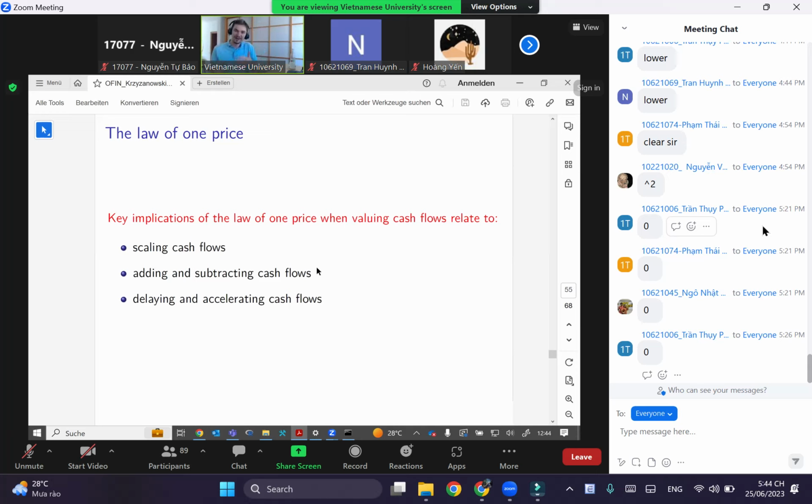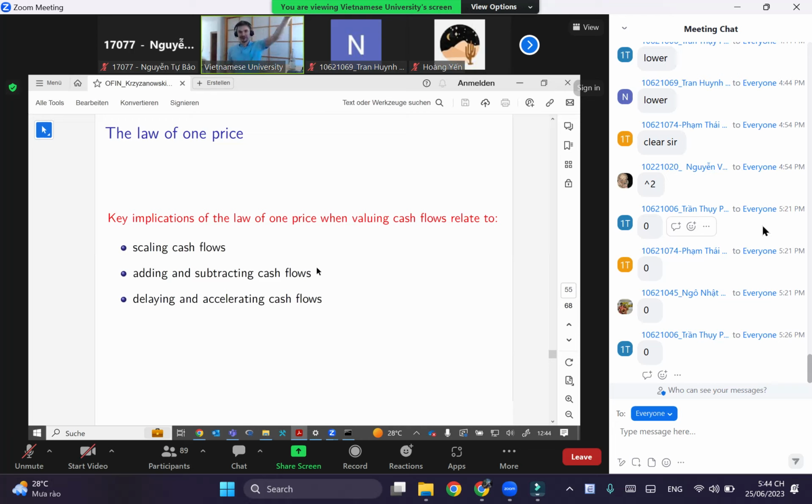And how did we do it? By discounting, by pricing in that there is a time value of money. And the same holds true when we consider this law of one price for a whole set of investment opportunities. So again, we have one investment opportunity today and the same investment opportunity with the same cash flows one period later. According to the law of one price, they should have the same price, but the value of the investment opportunity tomorrow needs to be discounted to the present value in order to be comparable, right?